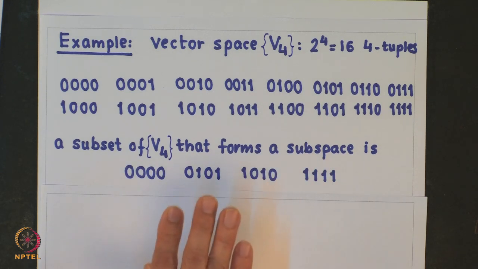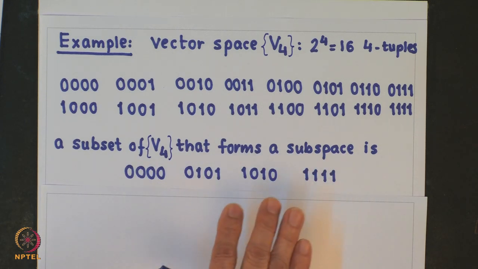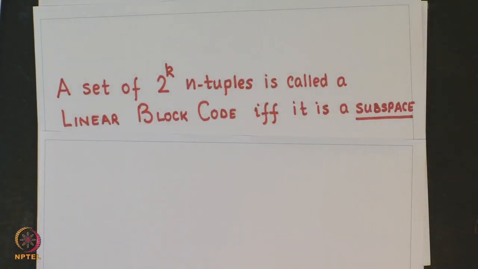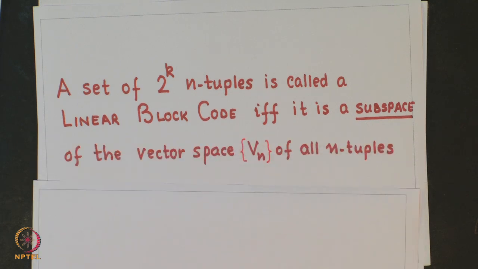Based on this definition of linear block code and a subspace, we can say that a set of 2 raised to k n tuples is called a linear block code if and only if it is a subspace of the vector space Vn of all n tuples.